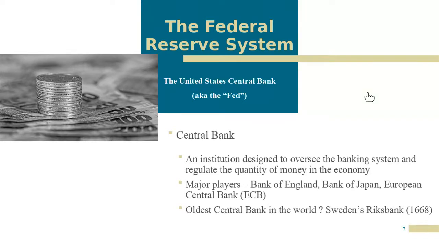Major players include the Bank of England, who manages the pound, the Bank of Japan, who manages the yen, and the European Central Bank, who is in control of the EU currency zone and the euro. On an interesting note, the oldest central bank in the world is Sweden's Riksbank, which was started in 1668. So central banking is a very old idea with a lot of precedent.